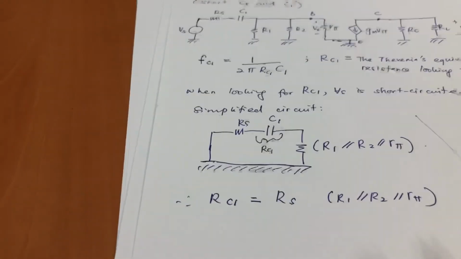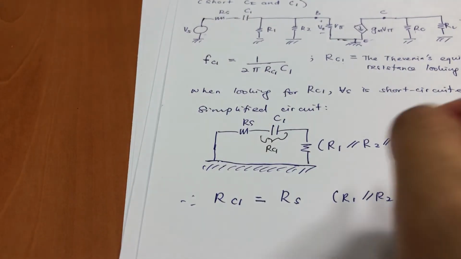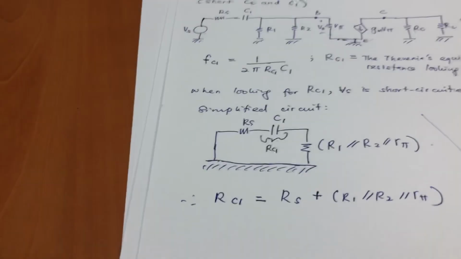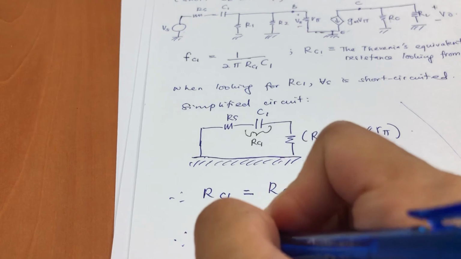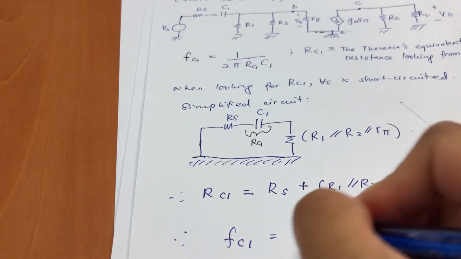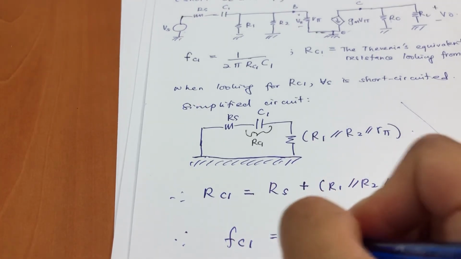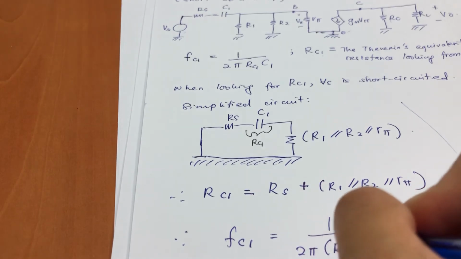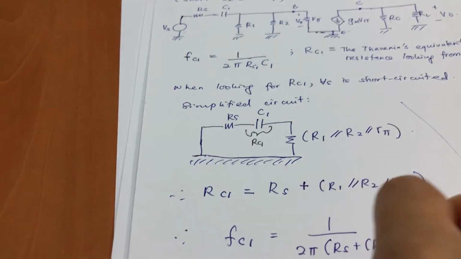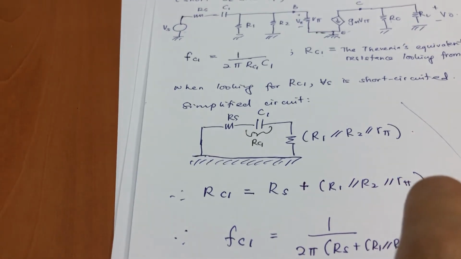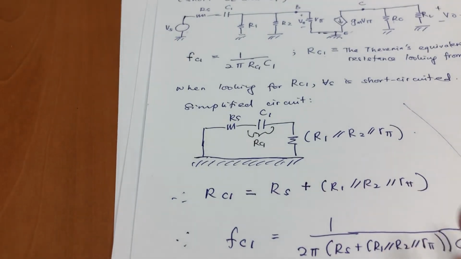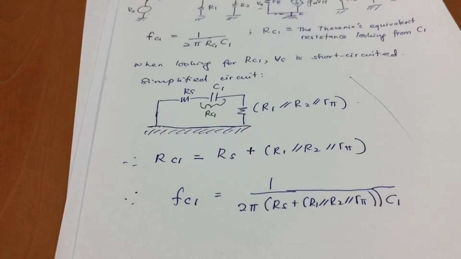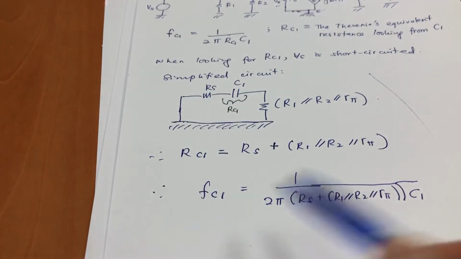I already explained in the class, it is in series, so it is plus. Therefore FC1 equals 1 over 2 pi times RS plus R1 parallel R2 parallel R pi, times C1. So this is your final answer for FC1.